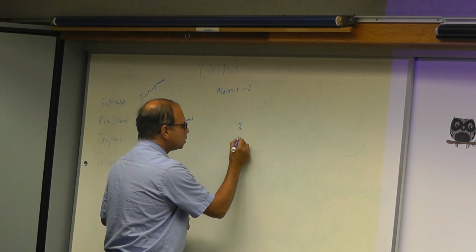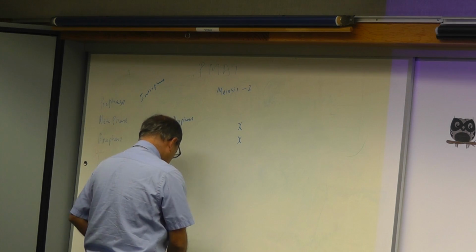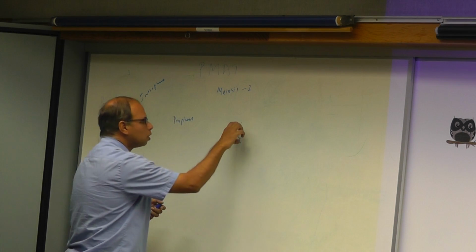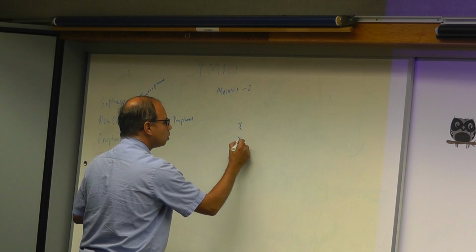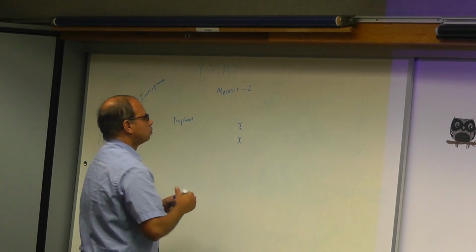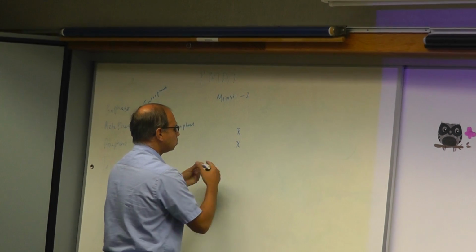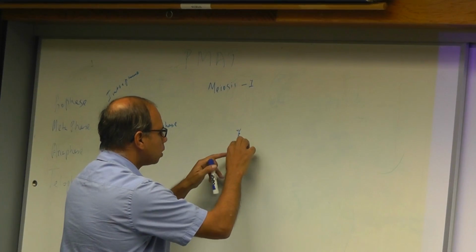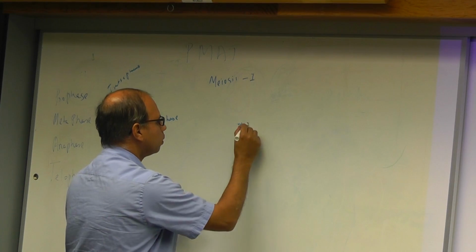So you can see from the coiled state, these are the chromatids, this is the centromere, and these are the sister chromatids. These are the chromosome pair. I've drawn them together.